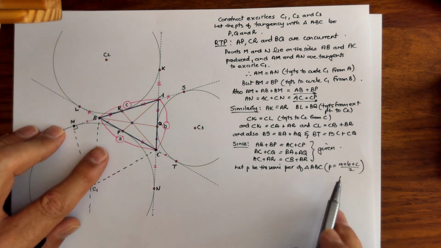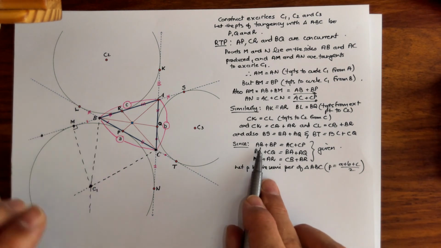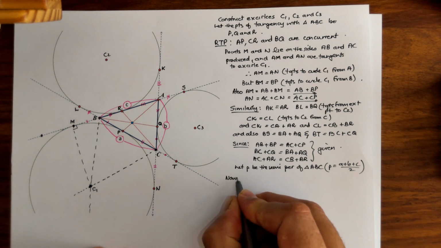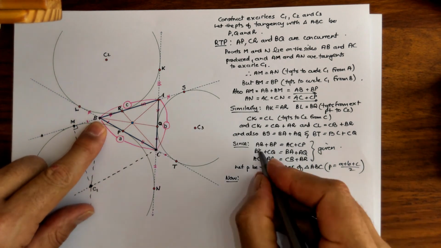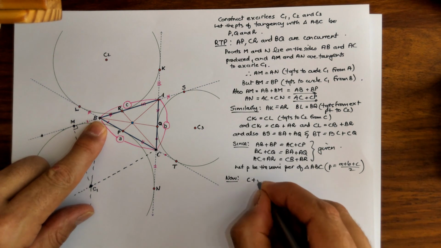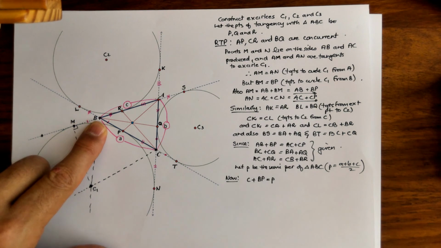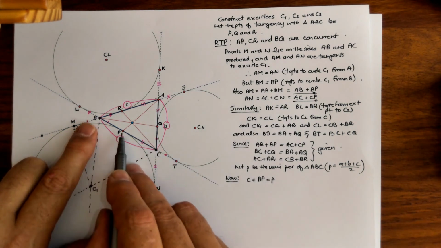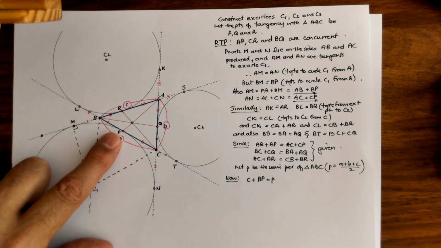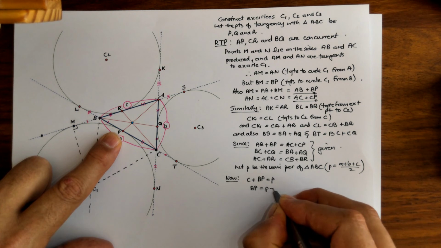The distance basically halved. So now we can say, what is AB? AB is C. So C plus BP is equal to P, the semi-perimeter. If you go C plus BP, you've gone halfway through the perimeter. So what is BP? BP is equal to P minus C.